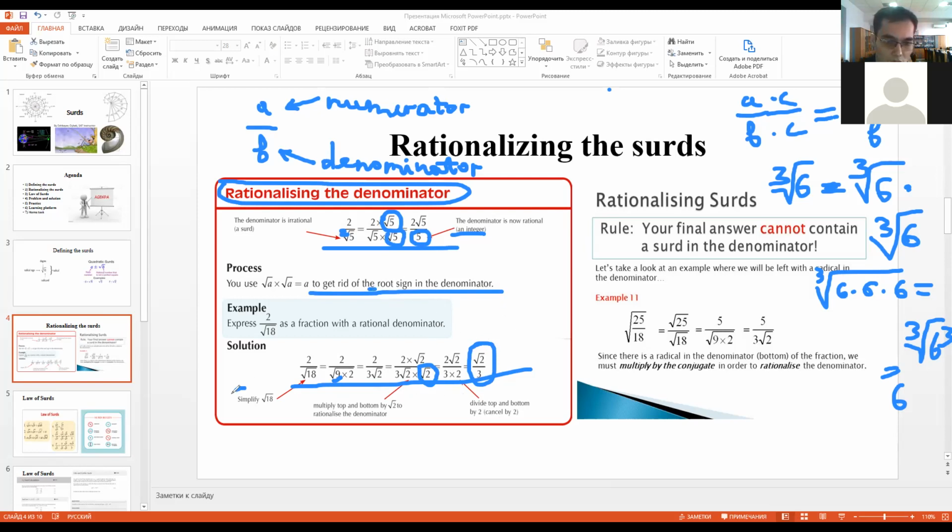Okay, so simplifying this, then multiply top and bottom by square root of 2 to rationalize the denominator. Okay, so anything is cancelled by 2. Correct.